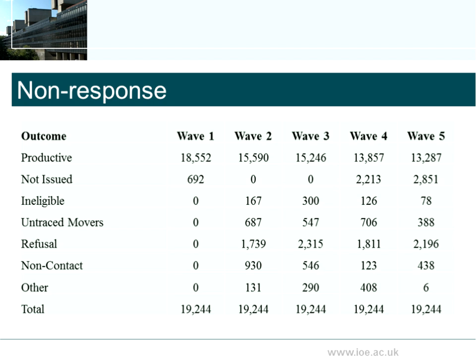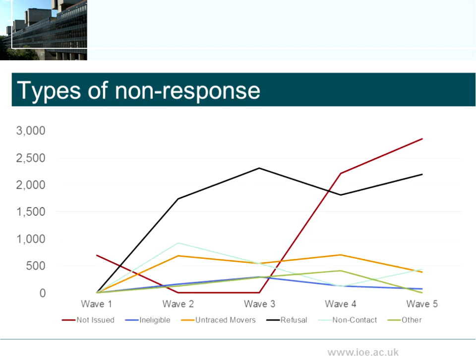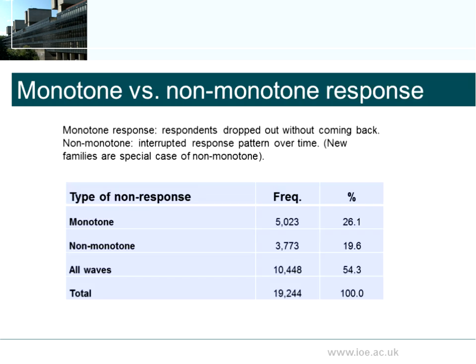So we don't contact them if they dropped out for 2 consecutive waves. So here you can see what happens. The 2 groups of non-respondents which are growing over time are the refusals and the not issued groups, while the other groups are more or less stable over time.